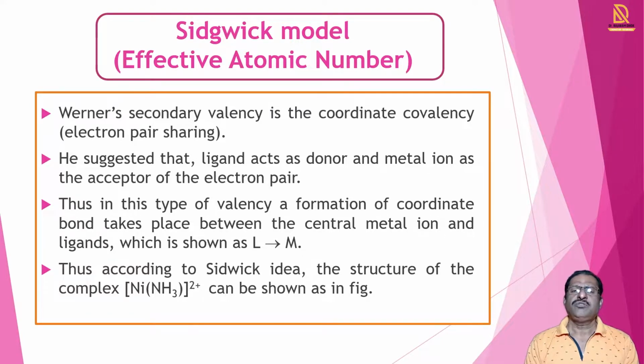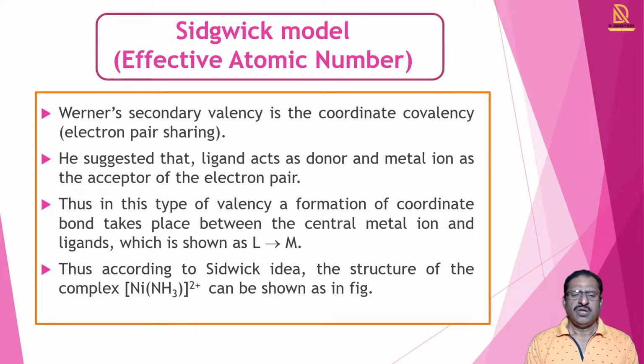Then he also explained in his model that secondary valency is the coordinate valency, meaning electron pair sharing. He suggested the ligand acts as donor and the metal ion accepts the electron pair from that ligand.